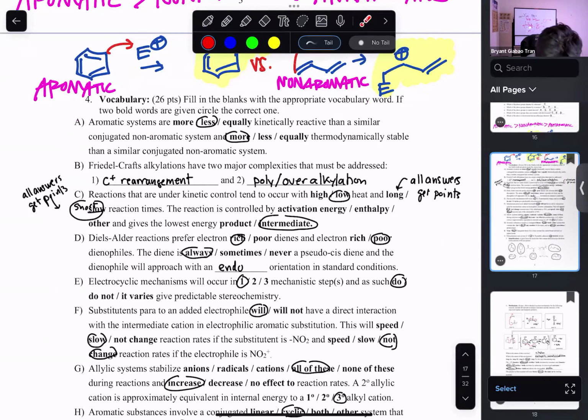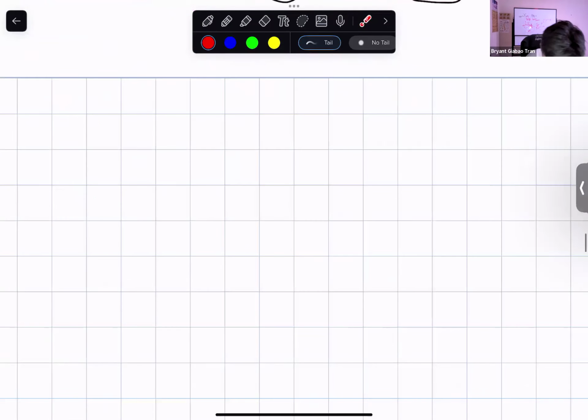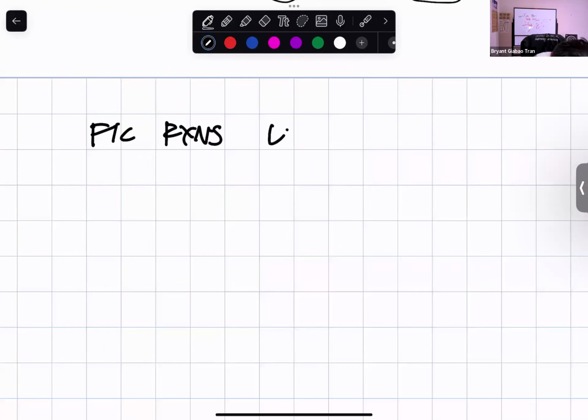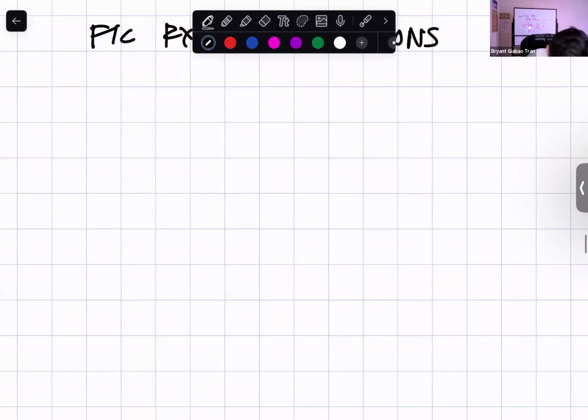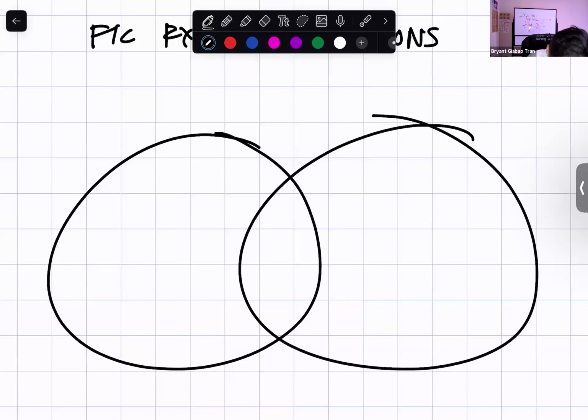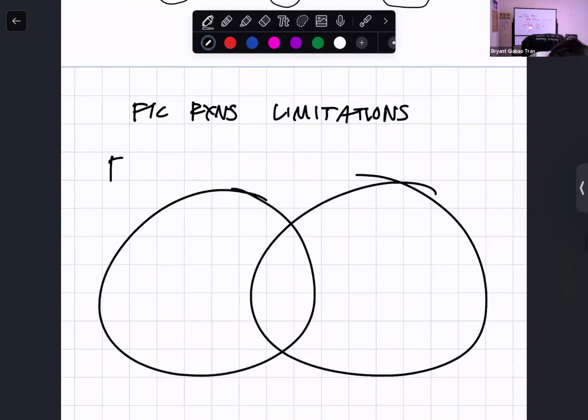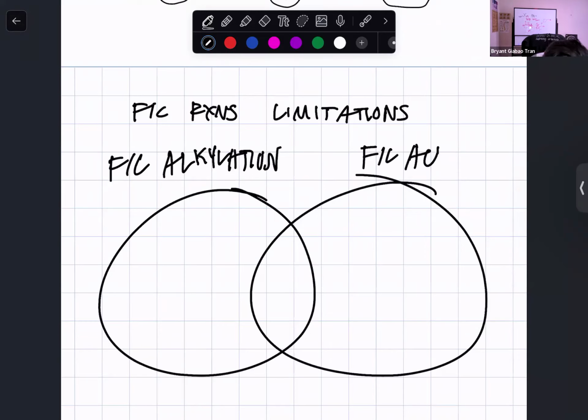Now for part B, right here, they're talking about the Friedel-Crafts reactions' limitations, right? Where let's do it like this. Right, let's say this is Friedel-Crafts alkylation, and this is Friedel-Crafts acylation.